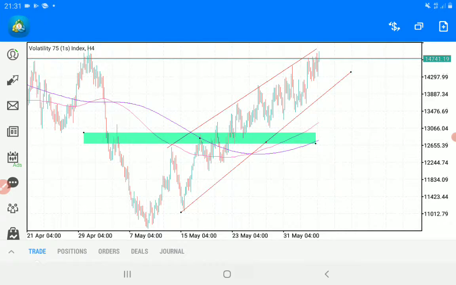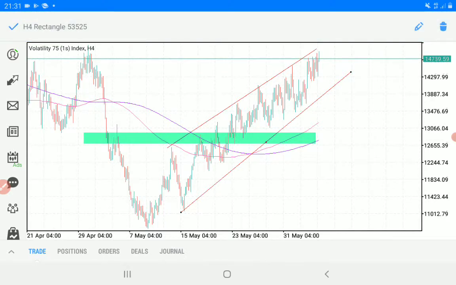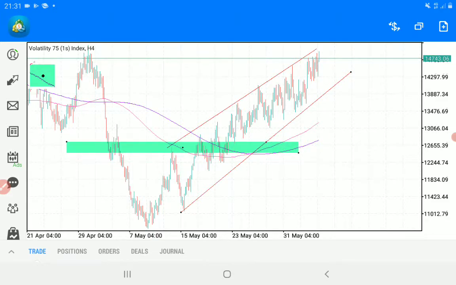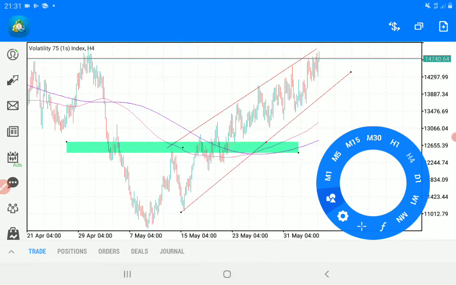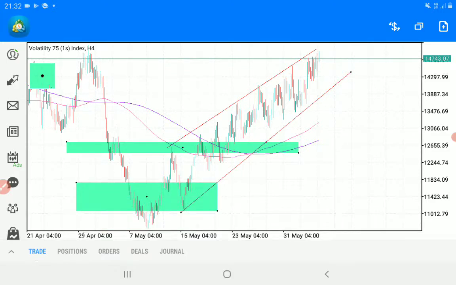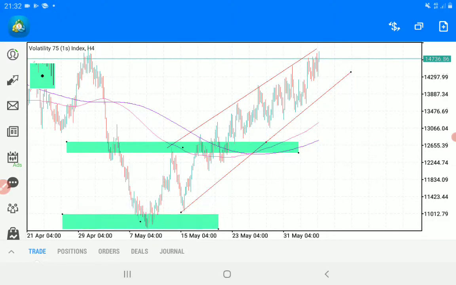So somehow you are now studying a market's behavior. That's a resistance line. Somewhere there it's a resistance, and then somewhere down here it's your support.